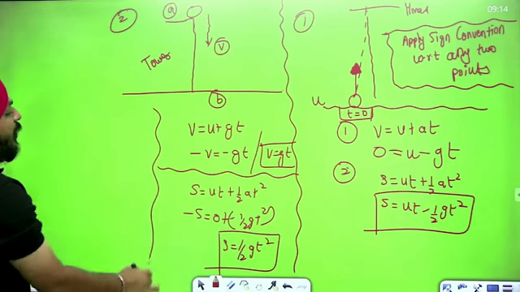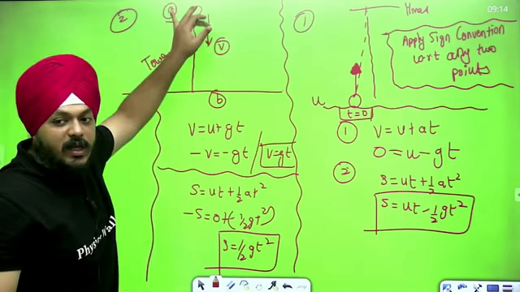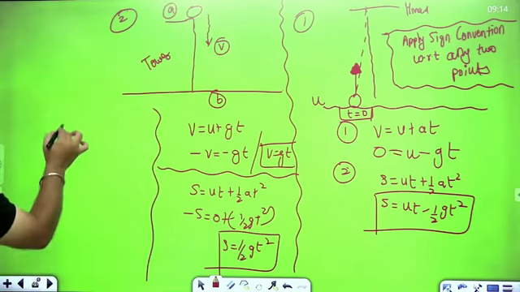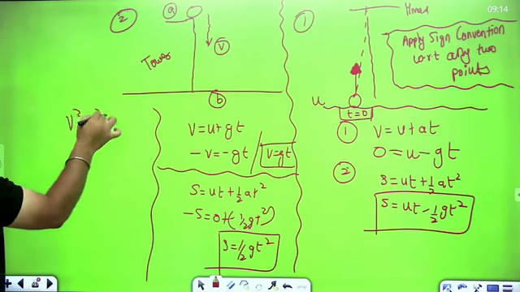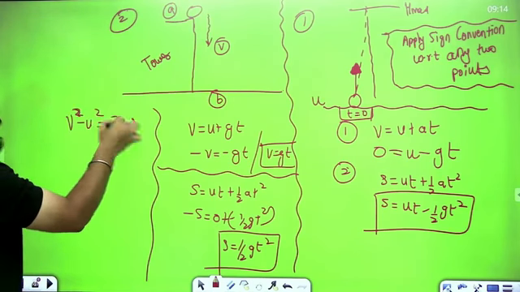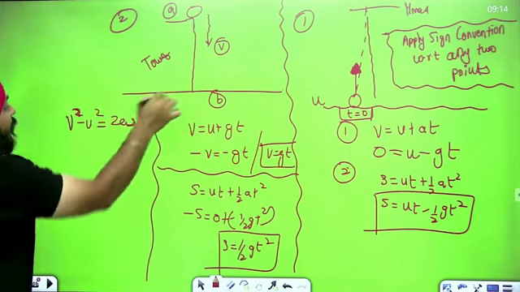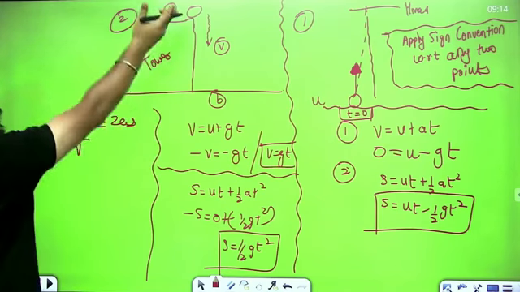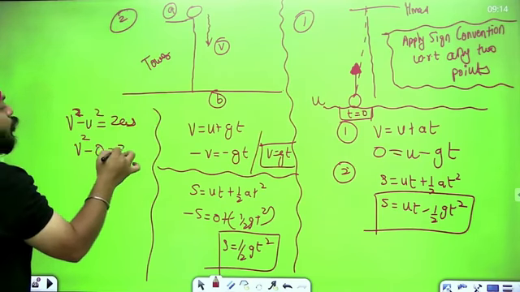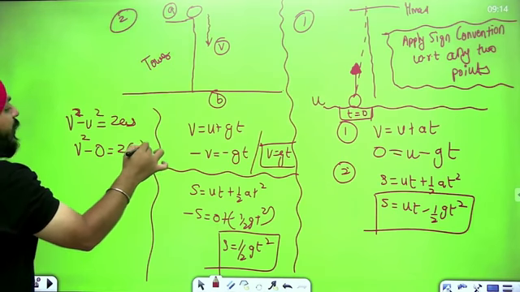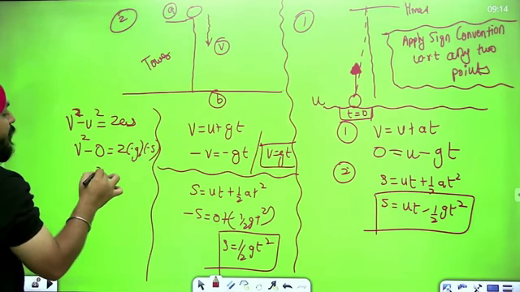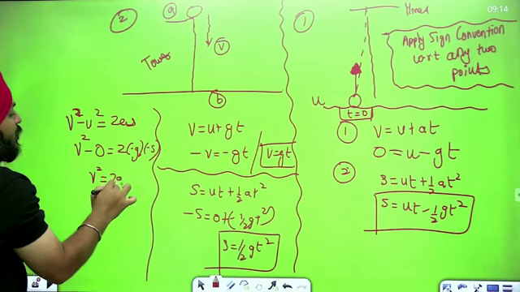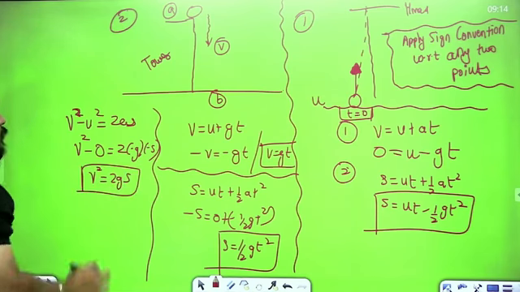How to write down the third equation, between initial and final points? v square minus u square is equal to 2as. Final is v square, initial is 0, 2 times negative g, times negative s. v square is equal to 2gs. This will be the third equation of motion.